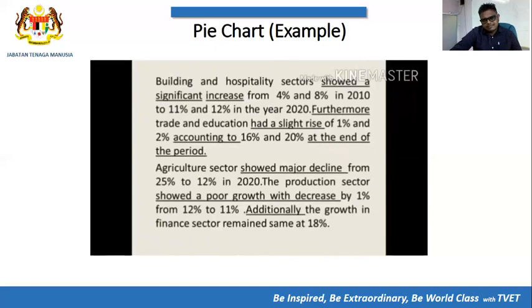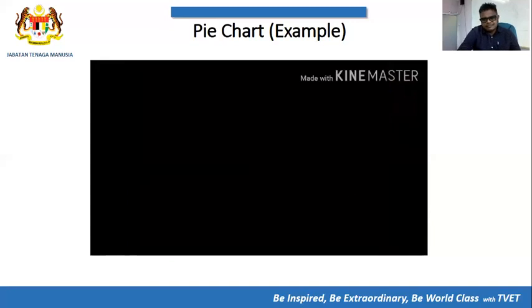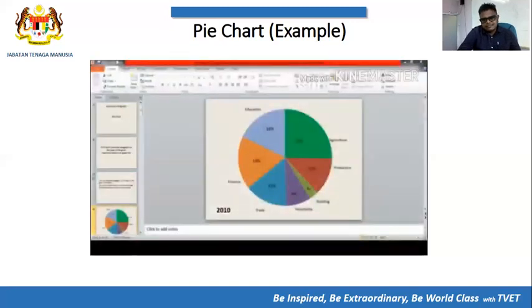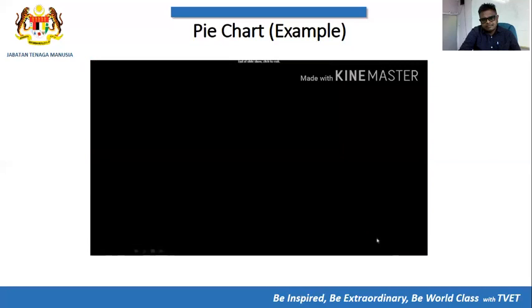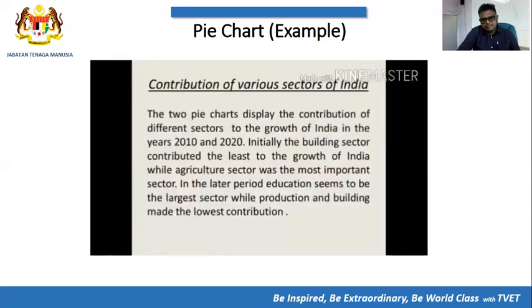And now talking about the financial sector, in both the years 2010 and 2020 it is the same. It is similar. So that shows that the financial sector has been doing well from the year 2010 to 2020.